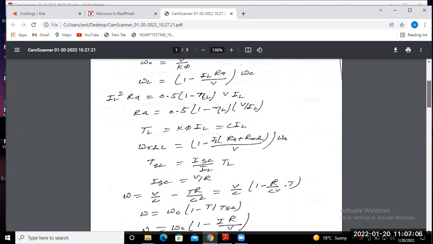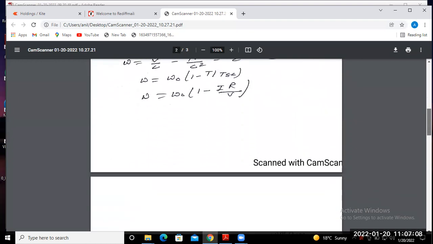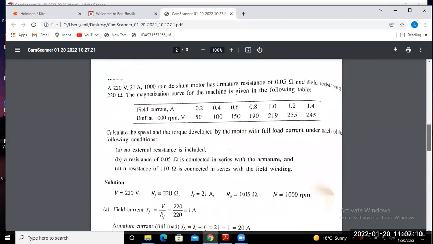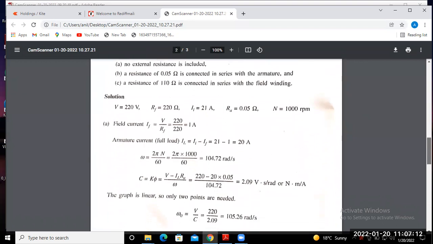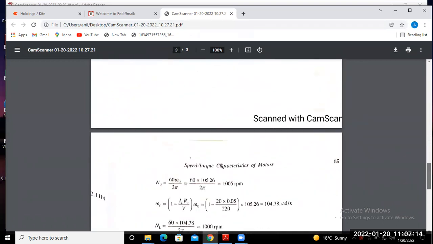Just put in whatever parameters you already found. That means omega L equals 1 minus IL, that is 20 into RA by V, into omega 0. So omega 0 equals 1500 rpm.